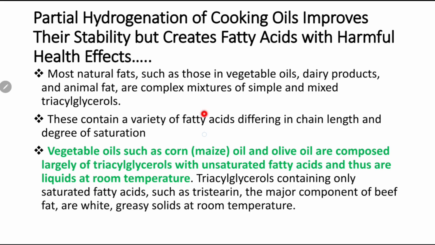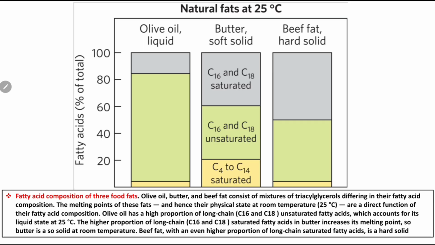Now coming to partial hydrogenation of oils. Oils are unsaturated, right? Now if you hydrogenate them, their shelf life increases because they are then solid at room temperature, right? Now there are natural fats at 25 degrees. Olive oil has a lot of unsaturated fatty acids, C16 to C18 unsaturated fatty acids.